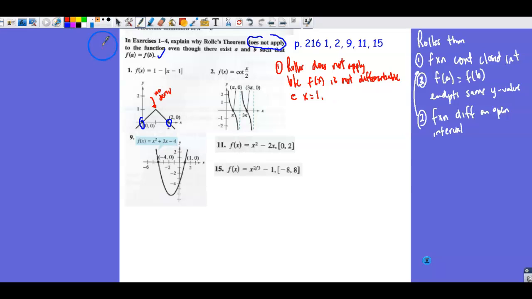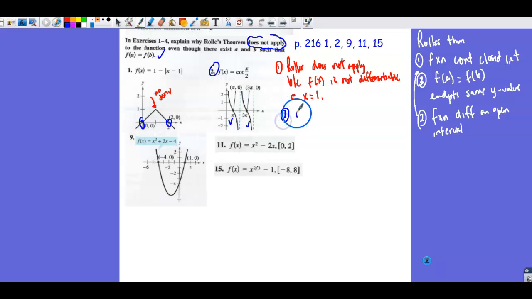Okay, number 2. When I look at the graph, starting with algebra eyes, I can see that this function is not continuous. Right away I see a vertical asymptote here and a vertical asymptote here. The closed interval, they're highlighting the points at pi and 3 pi, and on that closed interval, the given function f of x is not continuous, so Rolle does not apply.